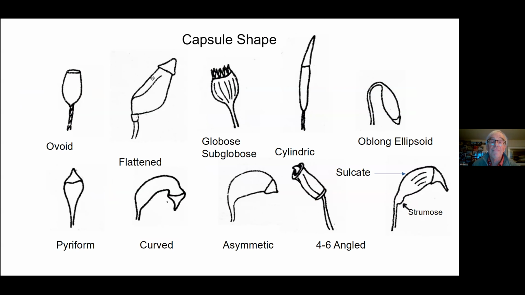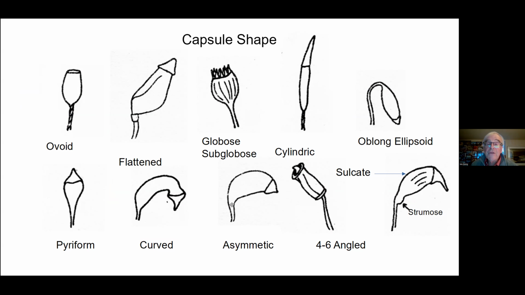Sometimes capsules are flattened on one side, as you can see here. Sometimes they're globose or subglobose, round or almost round, cylindric or oblong, shaped like an oval, or piriform, shaped like a pear. Some of them are curved, and we'll see those in the next slide, actually.